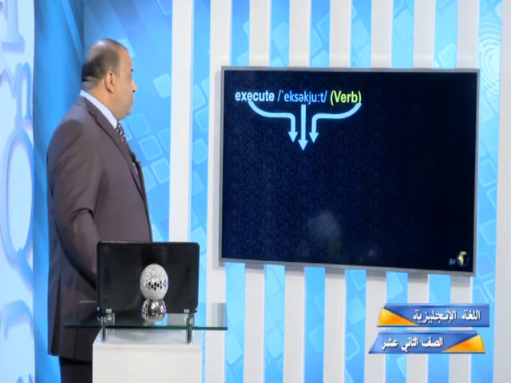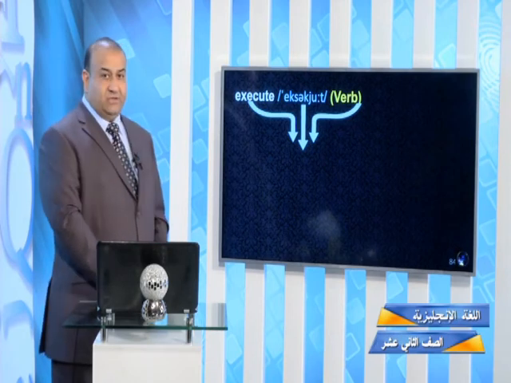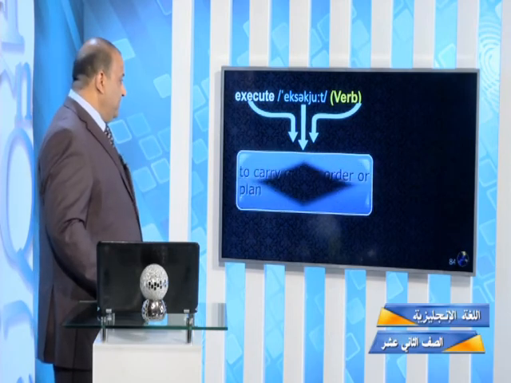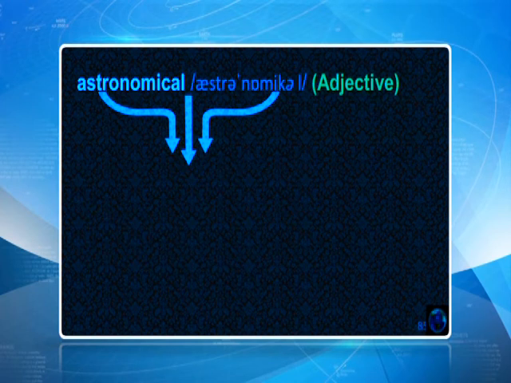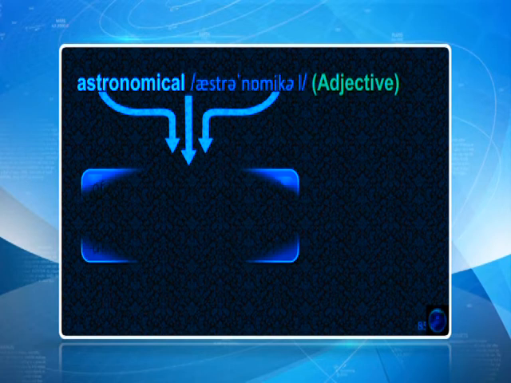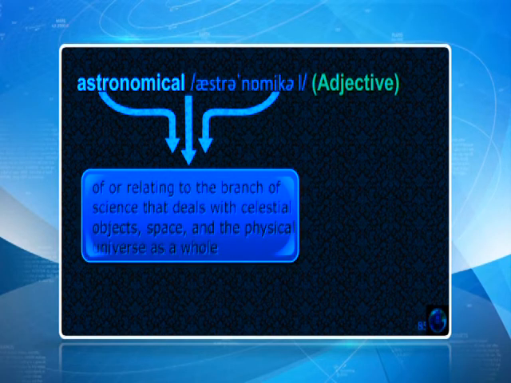Here we have the word execute, which is a verb, to carry out an order or plan. Astronomical, it's an adjective, which means of or relating to the branch of science that deals with celestial objects, space, and the physical universe as a whole.